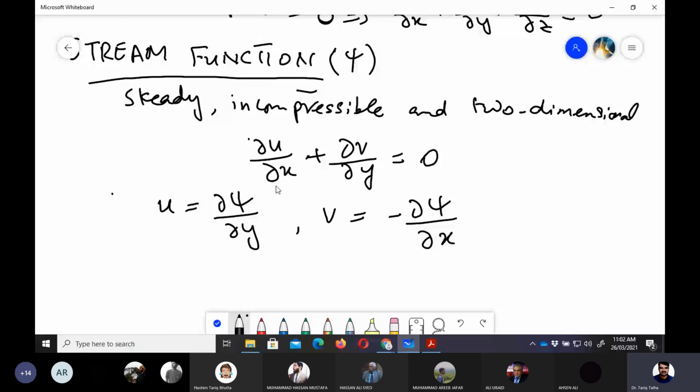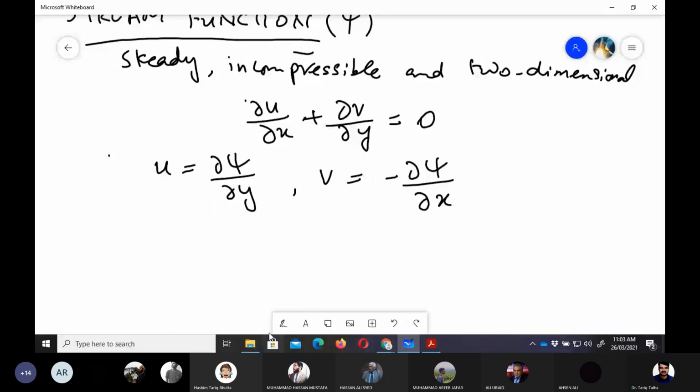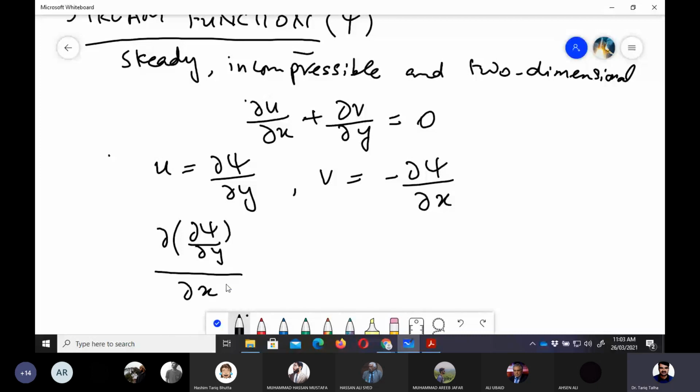So if we put the values of u and v in the above equation, we can write partial by partial x of partial psi upon partial y, plus partial by partial y of minus partial psi upon partial x, is equal to 0.